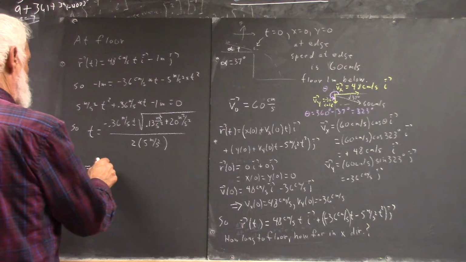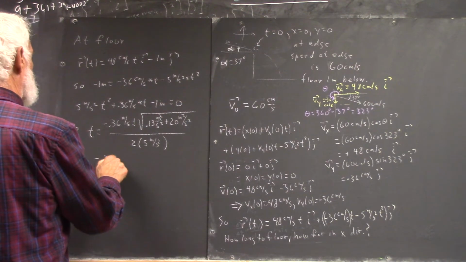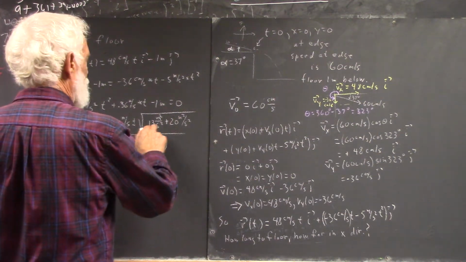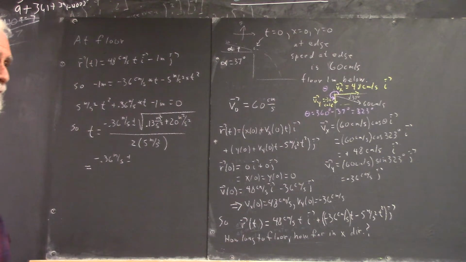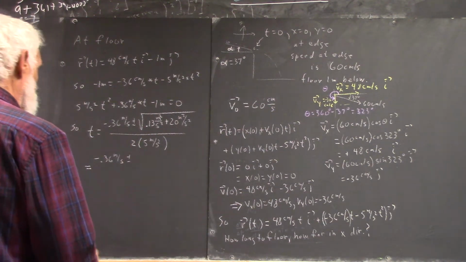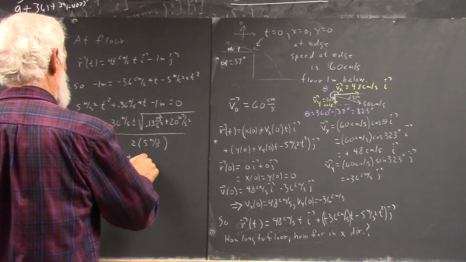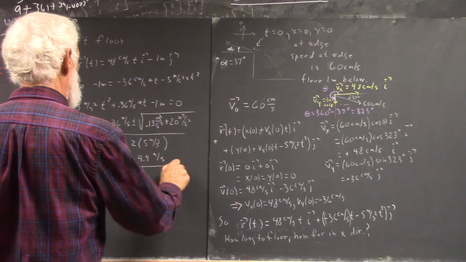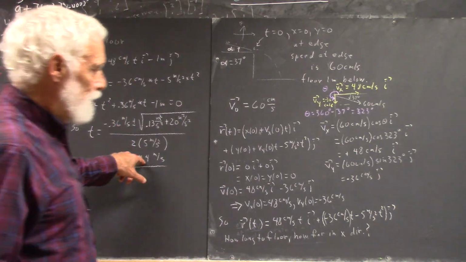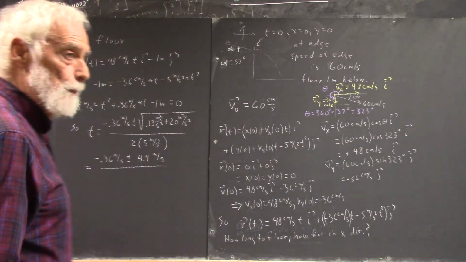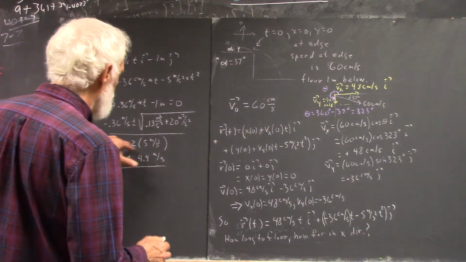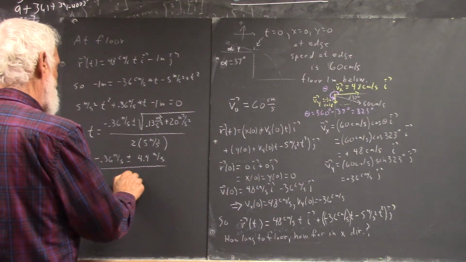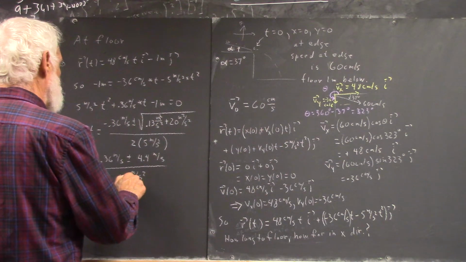So you get negative 0.36 meters per second plus or minus, you know, that 0.13 makes almost no difference with a 20. If you go to two significant figures, it's not going to make any difference. So you're going to have plus 4.4 meters per second. That's very approximate. If you multiply 2 times 5, you get 10 meters per second squared, and you do the arithmetic.